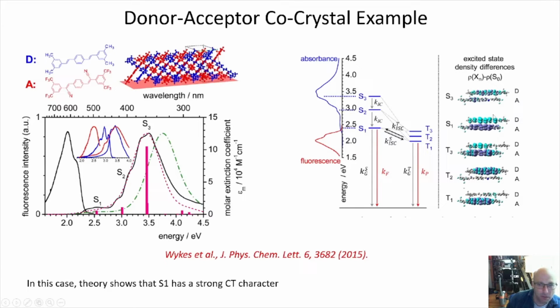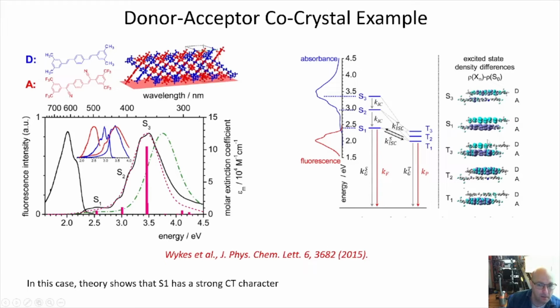But then if you look at the excited state charge density differences, so differences between the excited state and the ground state, you see that the S1 state has substantial charge density on both the donor and the acceptor. So in other words, the state is located on both. Same is true for this T3 state, and then the other states are localized on either one or the other of the two molecules.